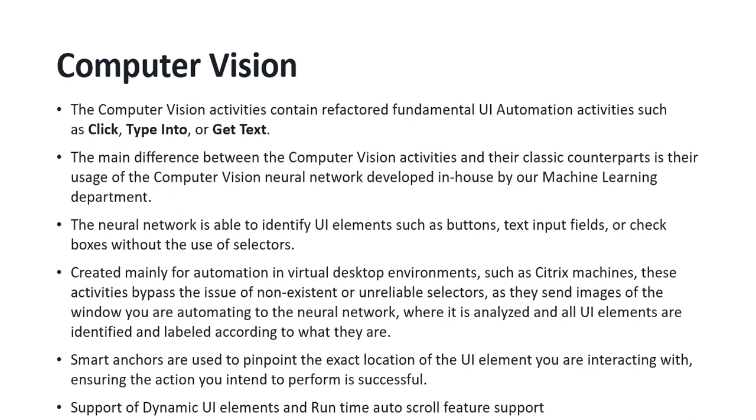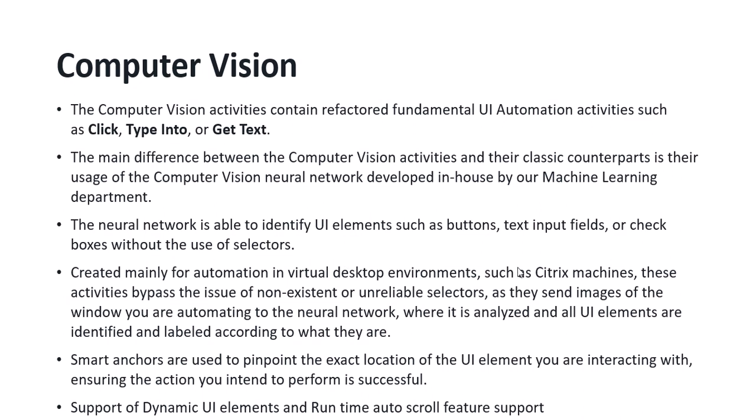They work based on the neural network and machine learning algorithms developed by UiPath. The neural network is able to identify UI elements such as buttons, text, input fields or checkboxes without the use of any selector. So it is not using selectors, but a neural network algorithm behind the scenes.